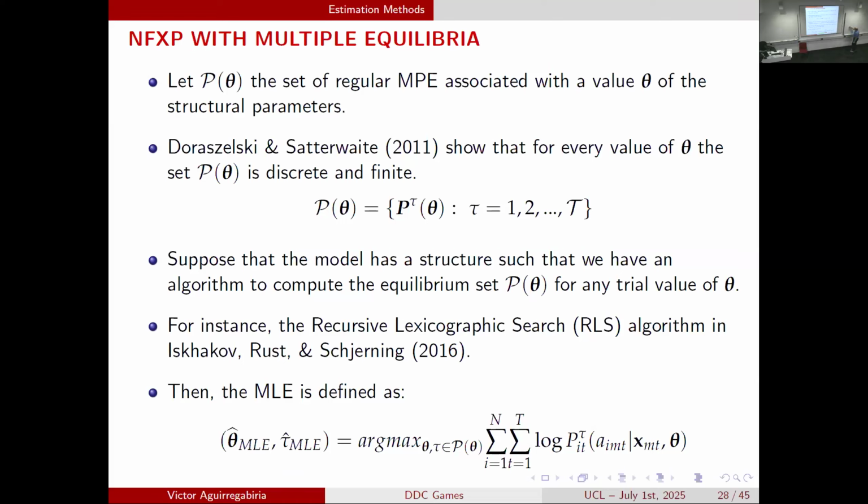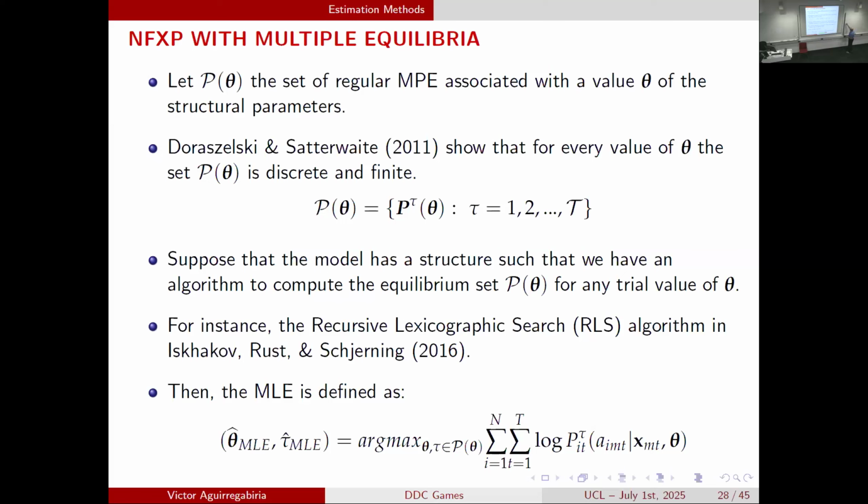Basically, what this tells us is that for a given value of theta, suppose that this is theta in the data, in the DGP, the model has equilibrium A, equilibrium B, equilibrium C, equilibrium D, and equilibrium G. We have these 5 different equilibria. Now suppose that we have estimated our model, and suppose that there is only one equilibrium in the data, and this is equilibrium C. This is the one in the data, our P0.